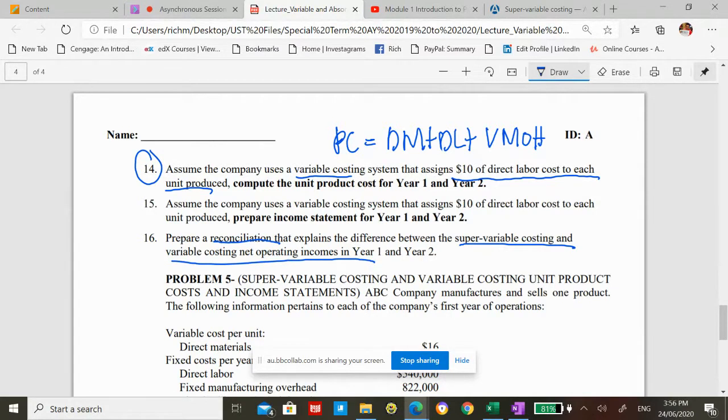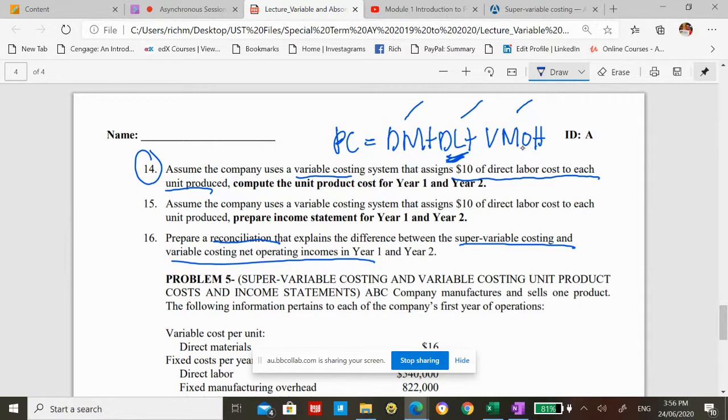As you can see, for super variable costing, what is considered as product cost is the direct material cost per unit, while for regular variable costing, the product cost will include the direct materials, direct labor, and variable manufacturing overhead. Since we don't have variable manufacturing overhead, the only reconciling item between super variable costing and variable costing is the direct labor.